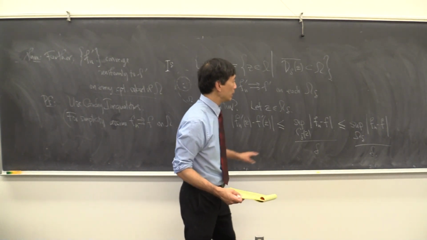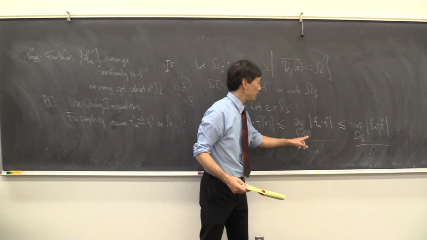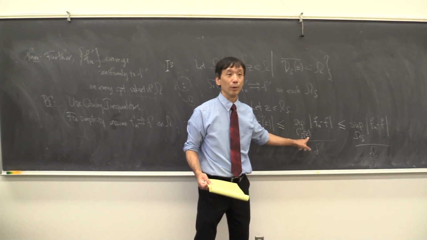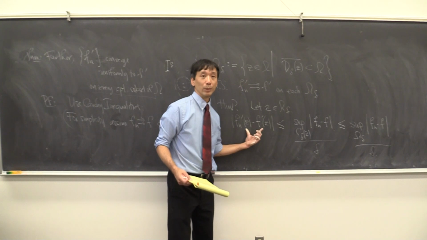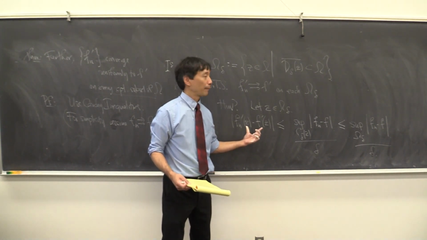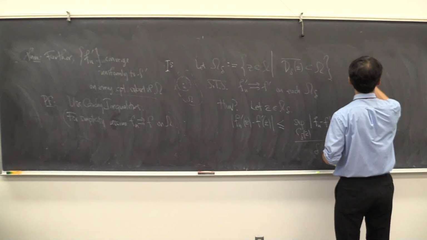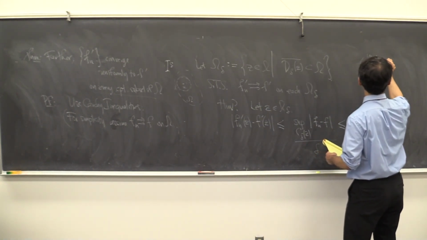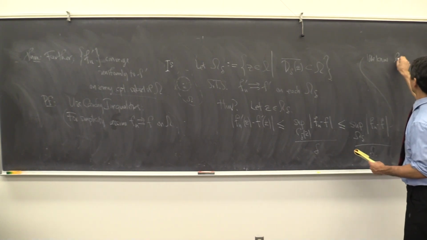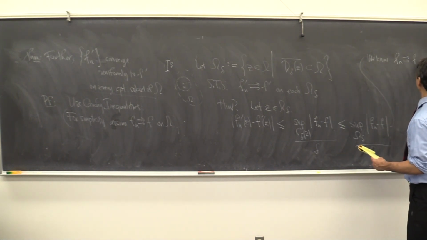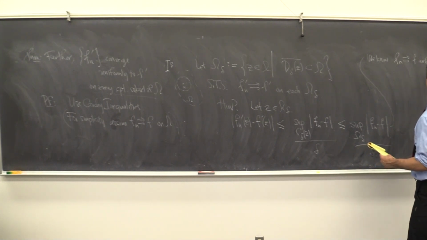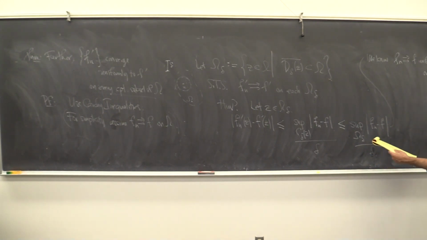We want to create a bound that doesn't depend on z, because we want uniform convergence. So we know that Fn converges to F uniformly on omega delta. In fact, it converges uniformly on all of omega.